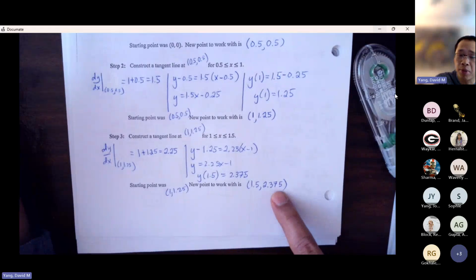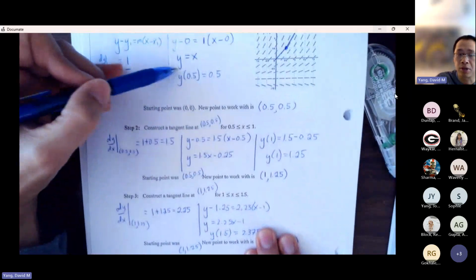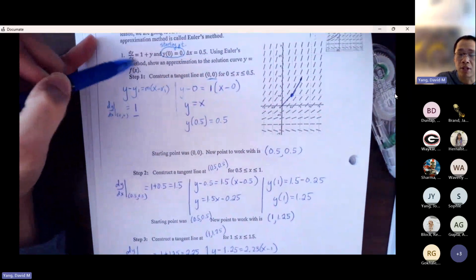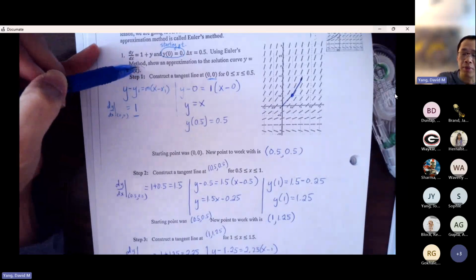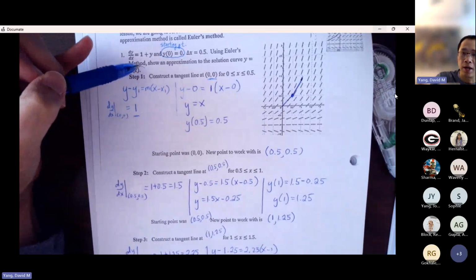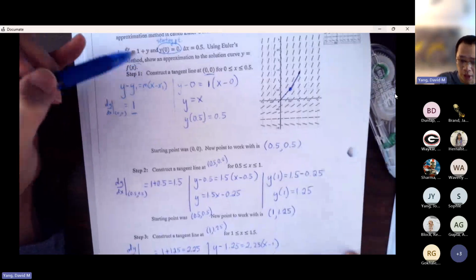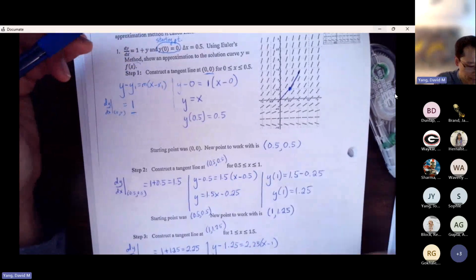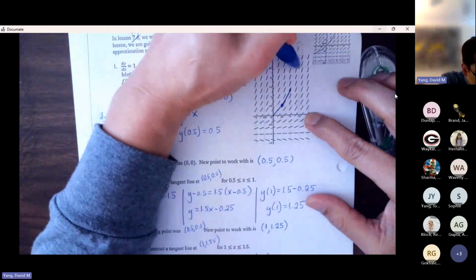Now, this is only an approximation. We don't have a function to work with. We only know our initial starting point, (0, 0), and then we have our differential equation to help guide us along, using the slope at every updated point to inch along and move to our destination. So at 1.5, it ends up being 2.375.